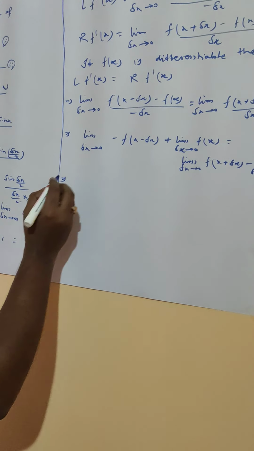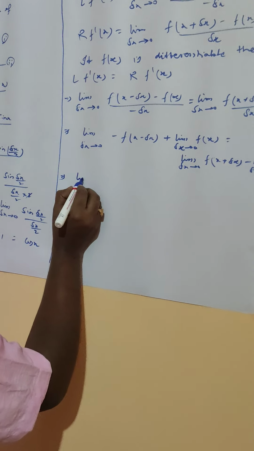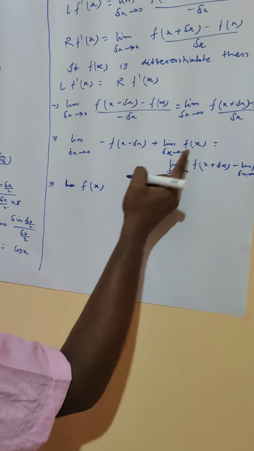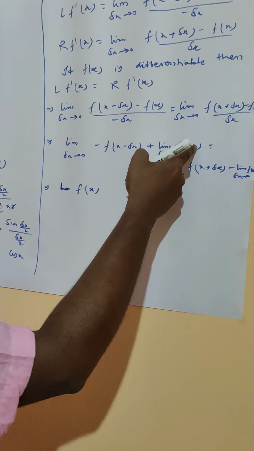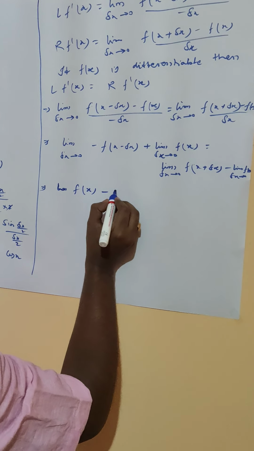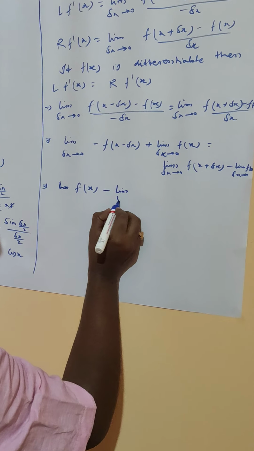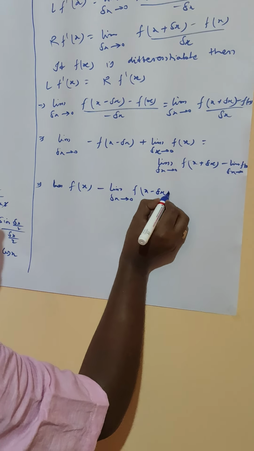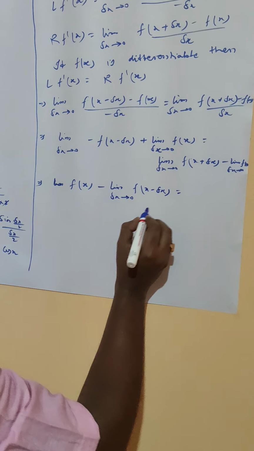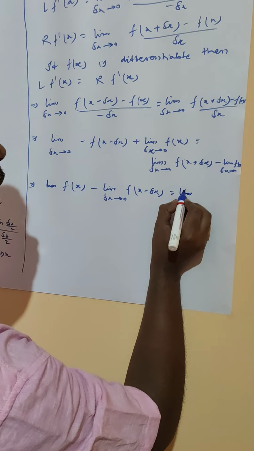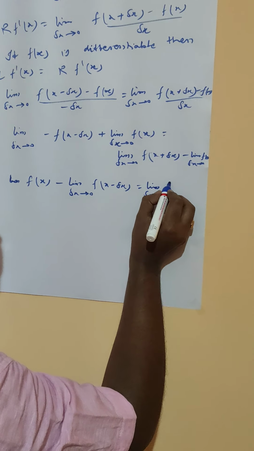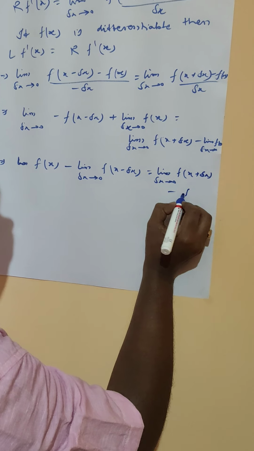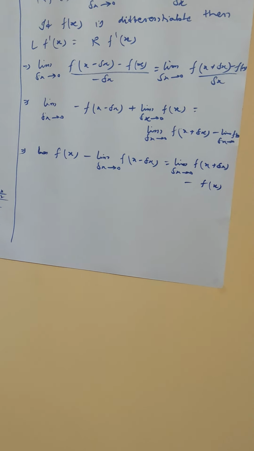And this implies, f of x is independent of delta x, so we can write f of x minus limit delta x tends to 0, f of x minus delta x, equals limit delta x tends to 0, f of x plus delta x minus f of x.